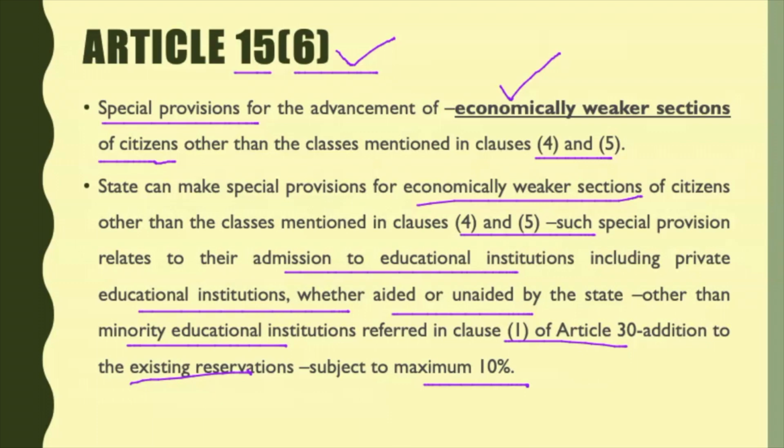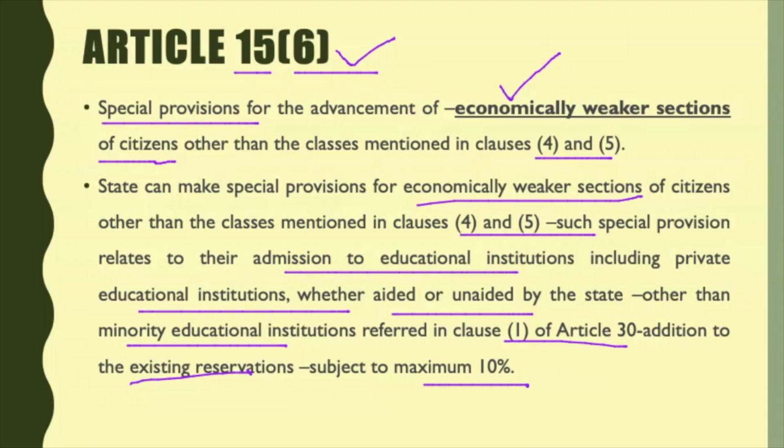And this reservation that the constitution provides to the economically weaker section will be in addition to the existing reservation, and there is a maximum limit provided by the clause, which is 10%. So you can give up to 10% reservation to economically weaker sections of citizens in their admission to educational institutions as per clause 6. So I hope clause 6 is also properly clear to you.